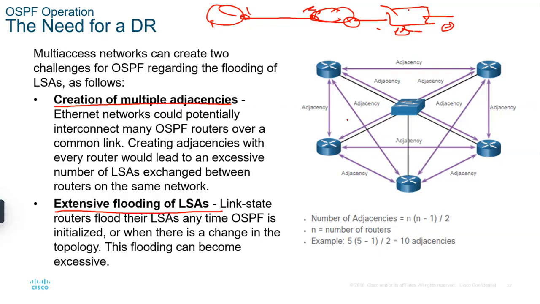And what does that mean? That each device is going to have so many neighbors. And in having so many neighbors, we automatically expect extensive flooding of link state advertisements, which each router has to advertise. So to mitigate that problem or limitation, there is a need for the DR. Once there is a DR and BDR, the function of the BDR is, in case the DR fails, the BDR can take over.